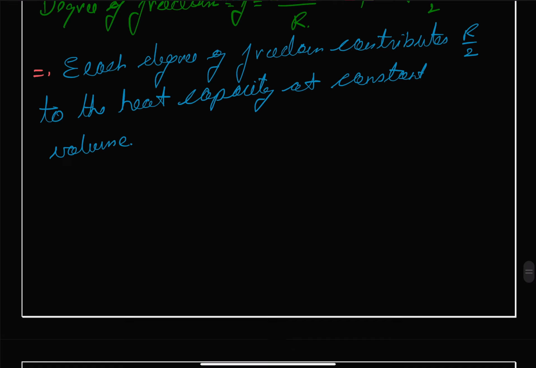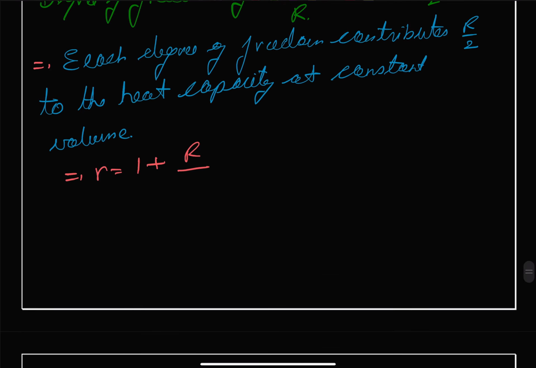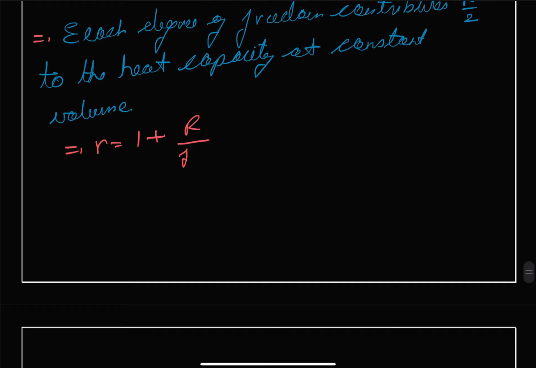Thus, we can write that our gamma is equal to 1 plus R, and in place of this our CV, we can write F by 2 times R, and this comes as our 1 plus 2 upon F. And by making slight adjustment, we can say our F is equal to 2 upon gamma minus 1.